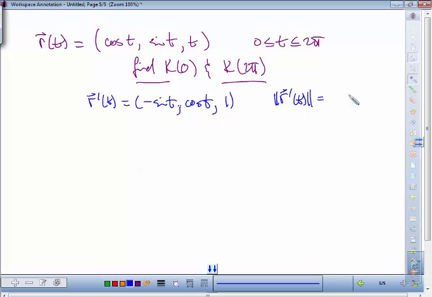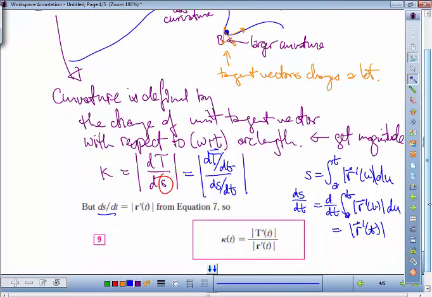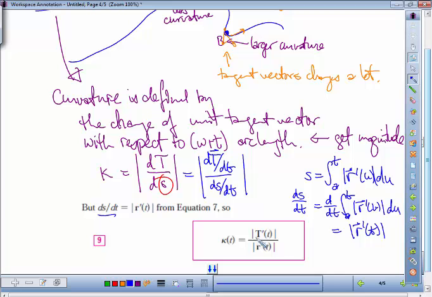Got the magnitude already. What was it? Square root of 2 or something? What else does it want? It wants us to find the derivative of the unit tangent.